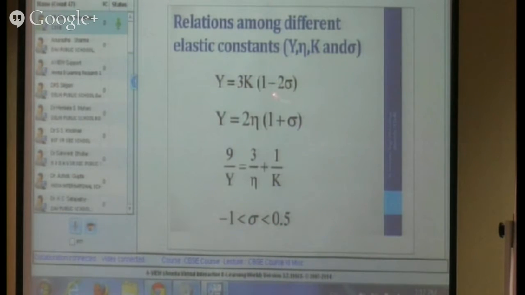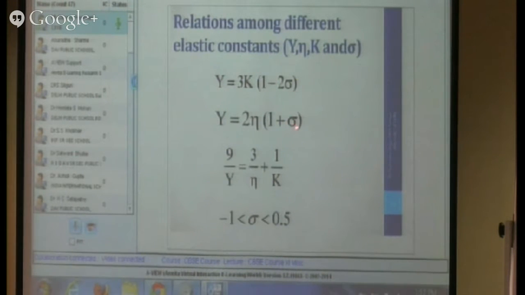You can check it from here. Look, if Poisson's ratio sigma is more than 0.5, then this is going to be negative. Neither K nor Y can ever have a negative value, right? So these are certain restrictions we have from this relation.